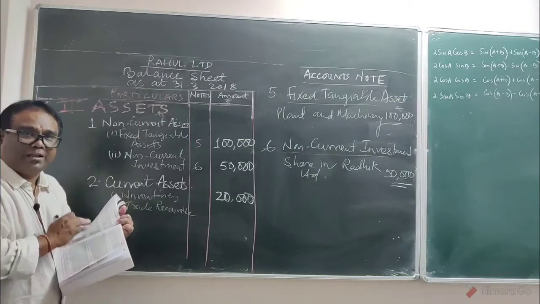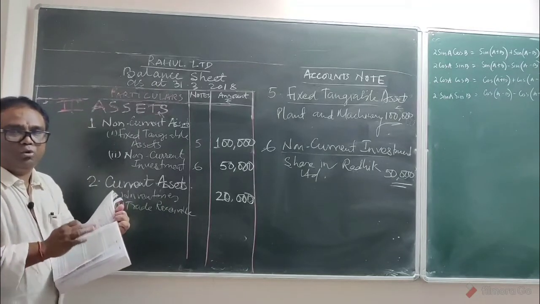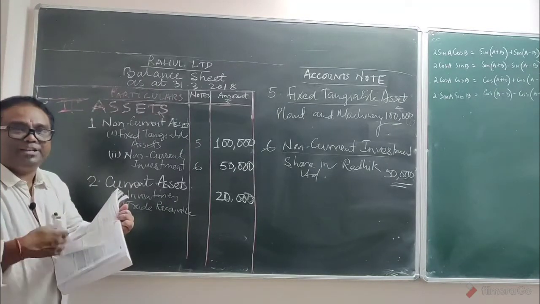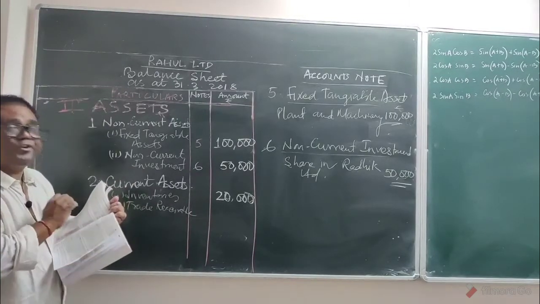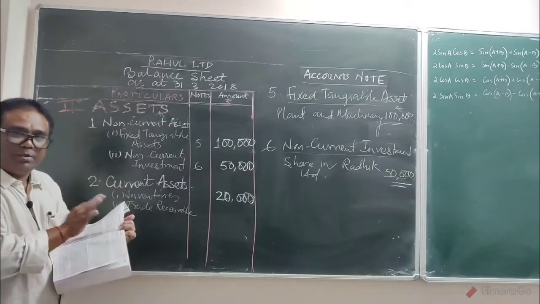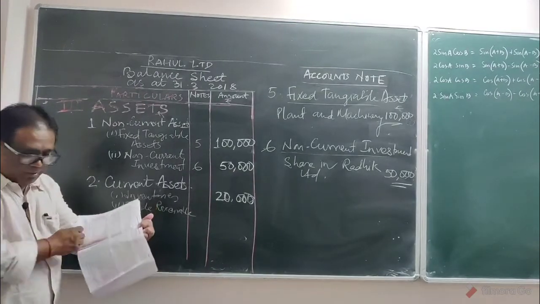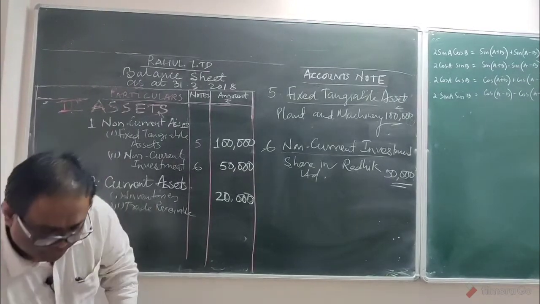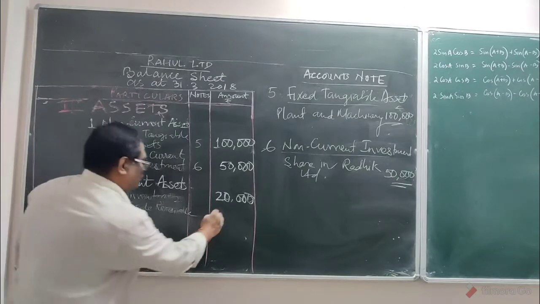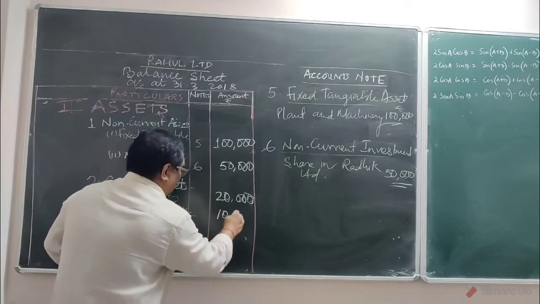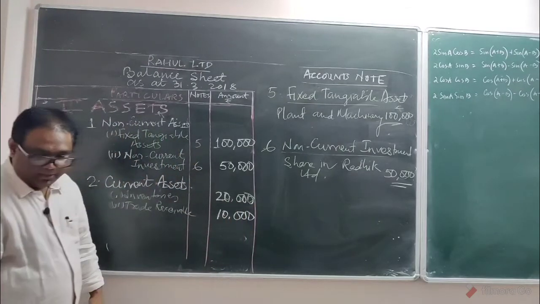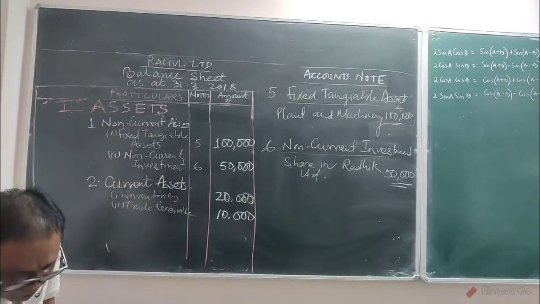Sometimes you may get debtors and bills receivable, and you have to show these two items in the accounts note under the heading trade receivable. But since trade receivable is given directly, we can note down trade receivable as 10,000.